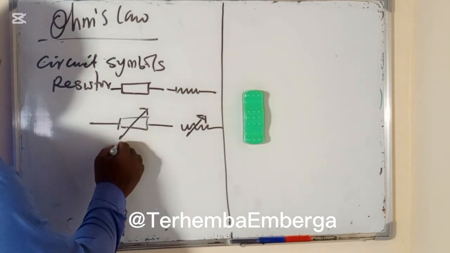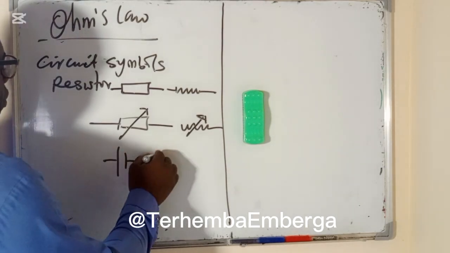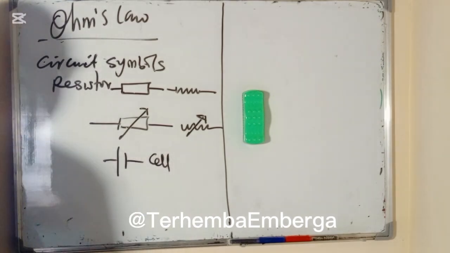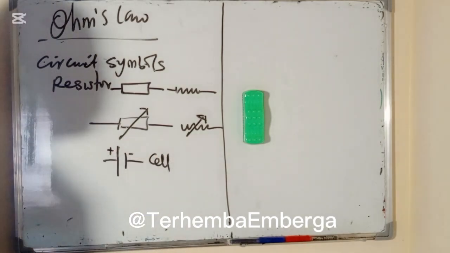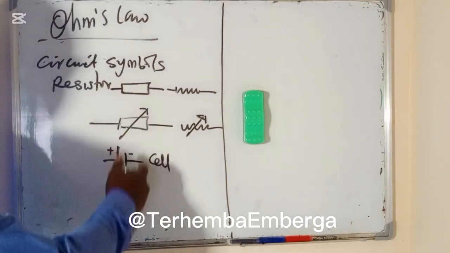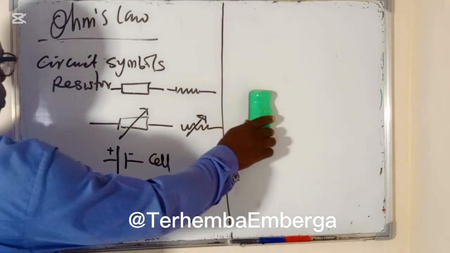Then this symbol stands for a cell. Remember, the longer side is always positive and this is negative. So these are some of the terms and symbols we need to know.